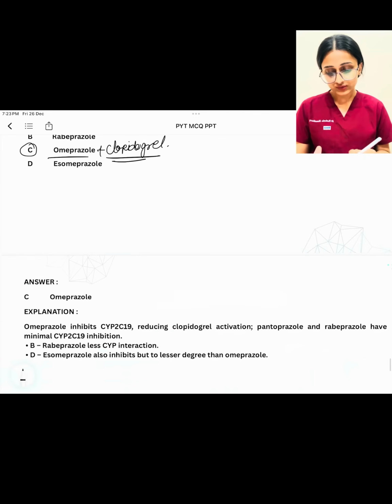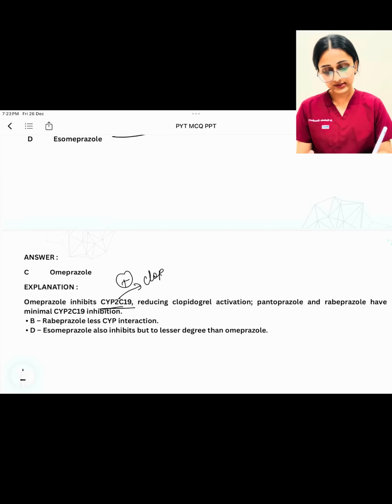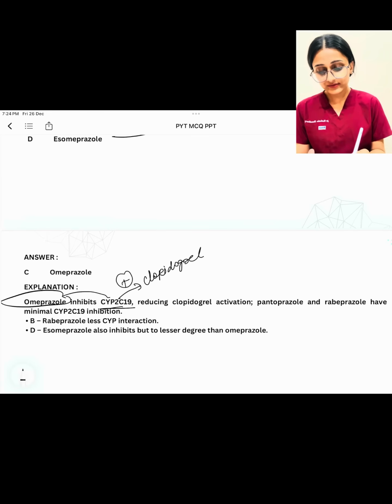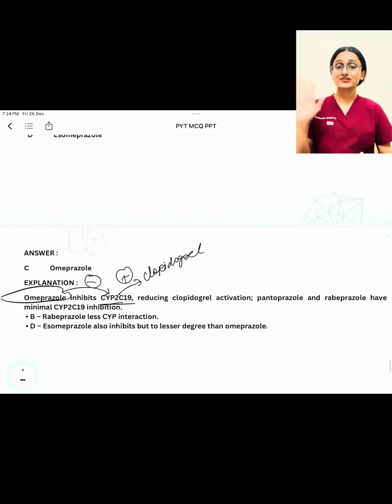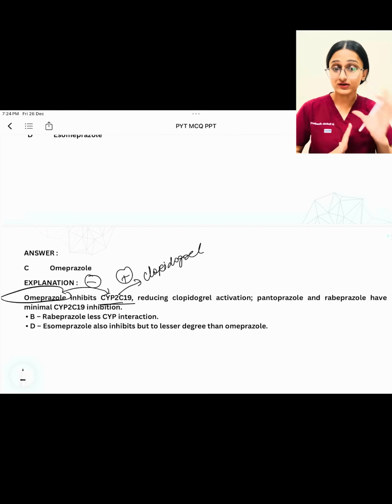CYP2C19 activates clopidogrel, but omeprazole inhibits CYP2C19. So if you are giving omeprazole and clopidogrel together, omeprazole will inhibit CYP2C19, and CYP2C19 will not be able to activate the clopidogrel. That's why clopidogrel will not work.